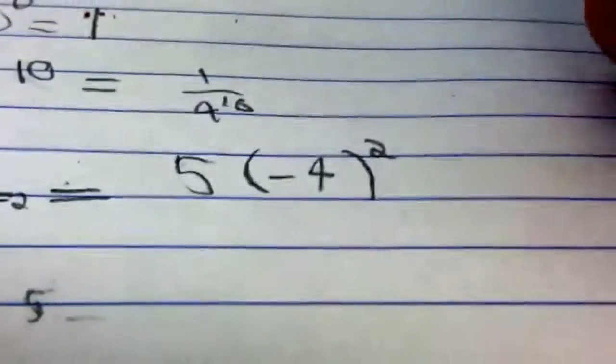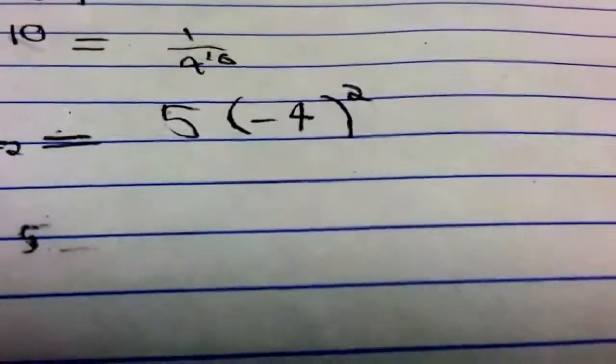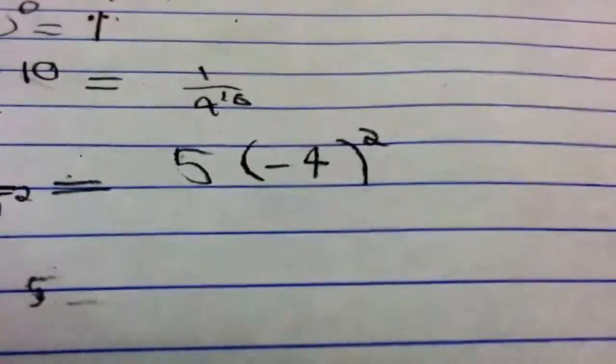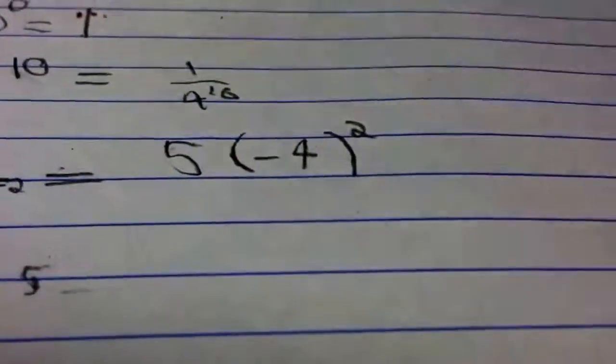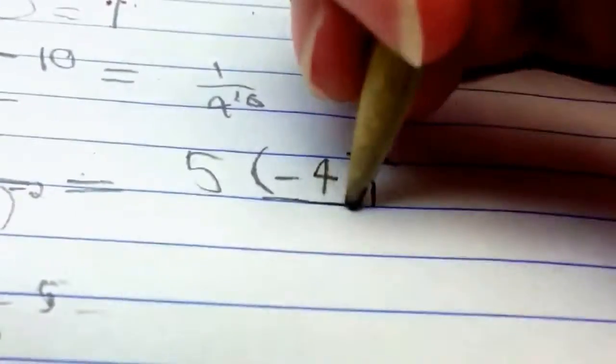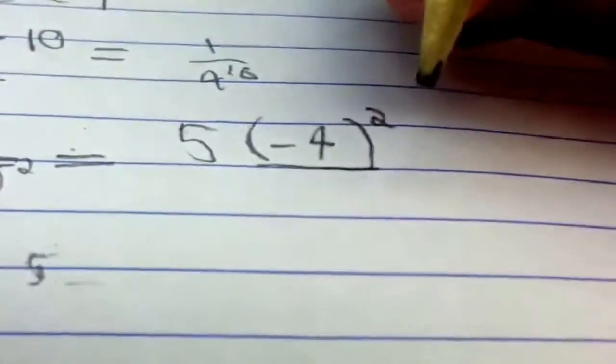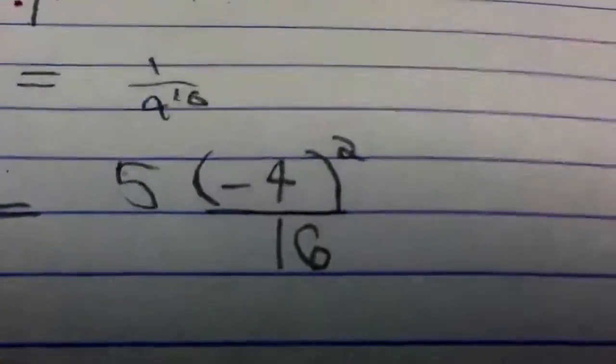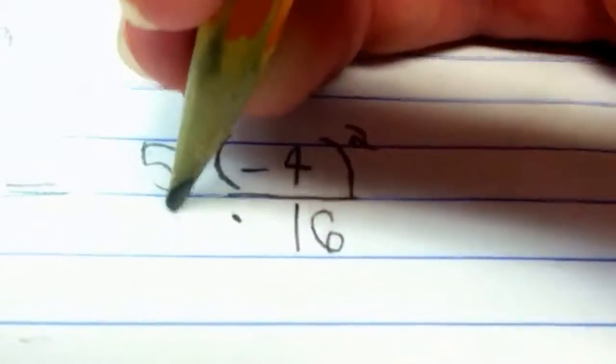In order of operations, the exponents are first. So we would do this, and that would equal 16, because a negative times a negative equals a positive. And then we carry that 5 down.